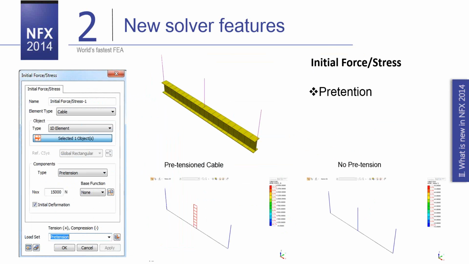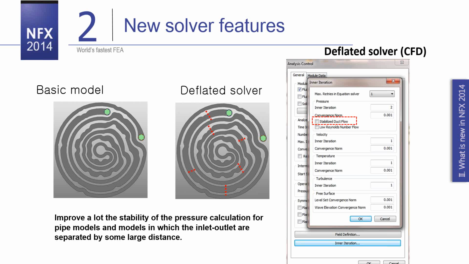Now, so we have this initial force, initial stress. The last feature of this NFX 2014 is a small improvement for CFD, but very important in some specific cases. It's called a deflated solver, and it's mainly done to analyze pipe models, because in this case, when the distance between the inlet and the outlet is large, you have some difficulties to calculate.